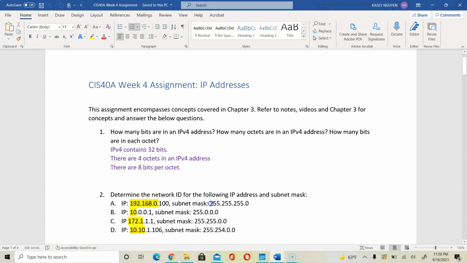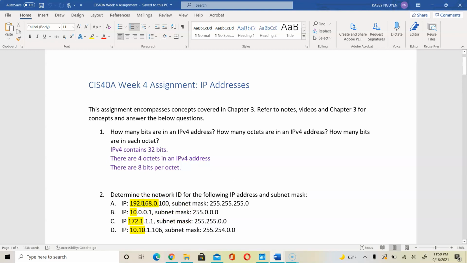Based on the subnet mask, when you see 255, all the bits are on for those octets, and bits that are on represent the network ID. The next octet is also 255 in the subnet mask, so that is also network ID.